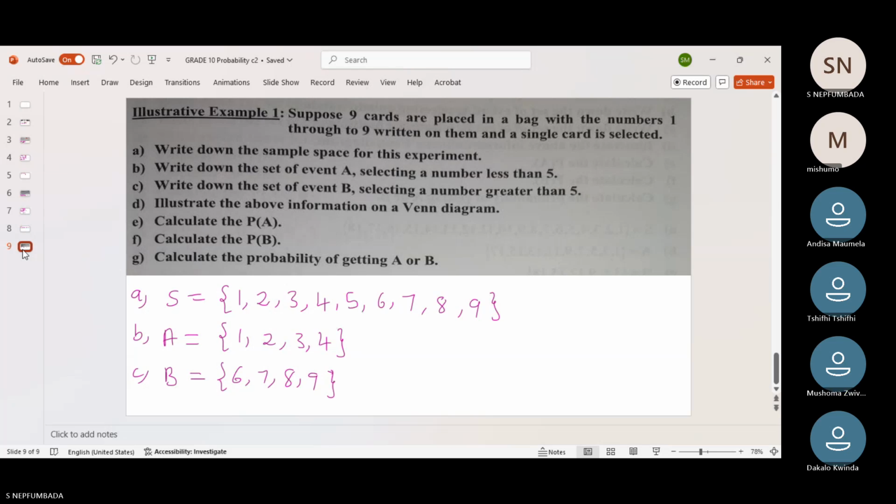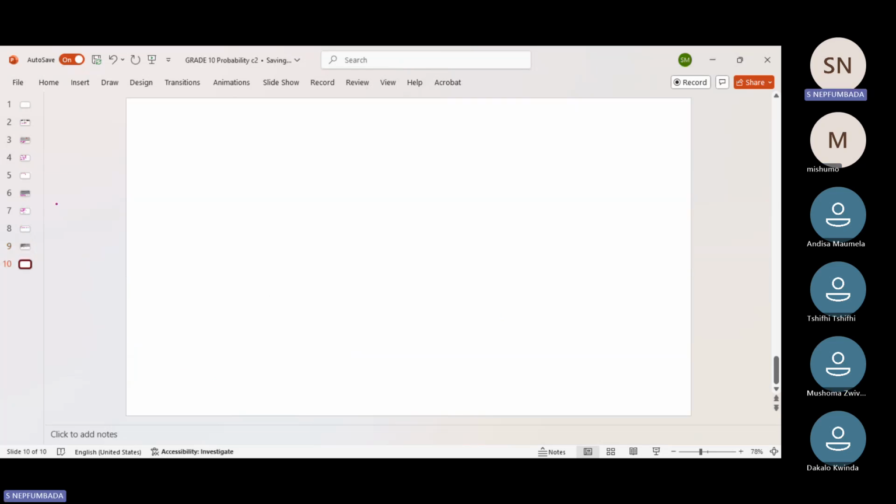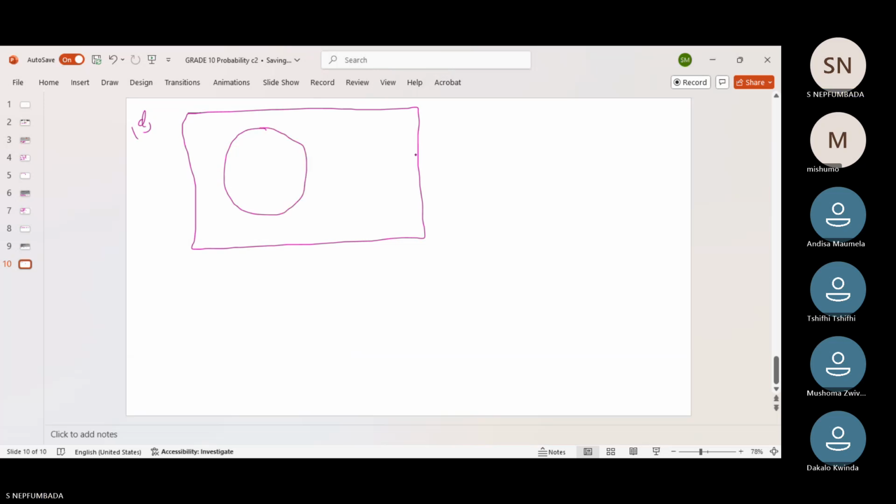No. It means our circles are not going to intersect. This is our first circle and this is our second circle. This is our A, this is our B, and our sample space is 9.